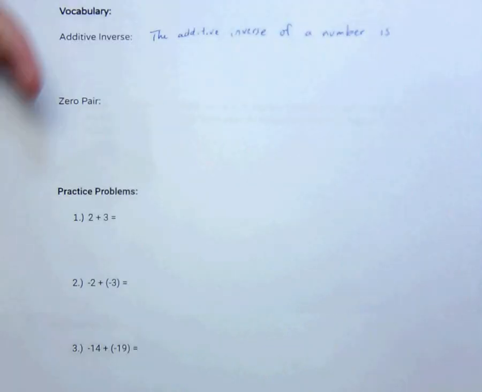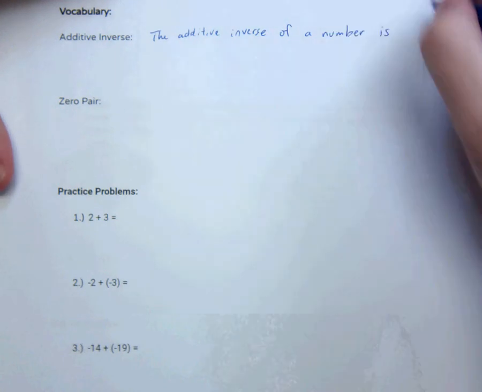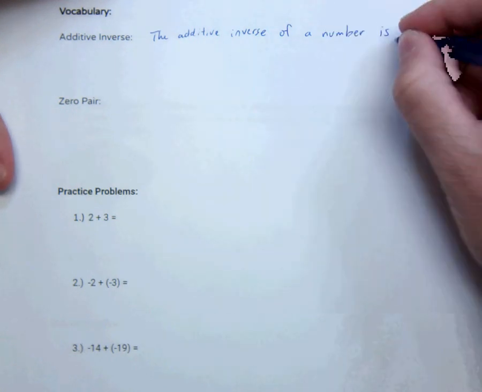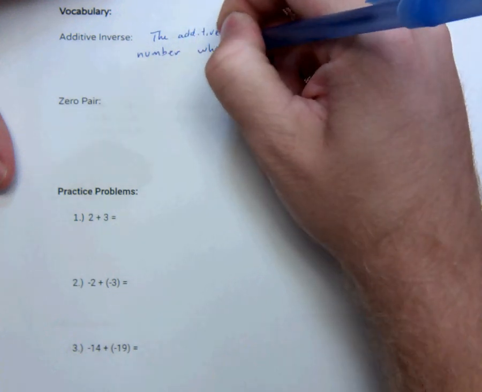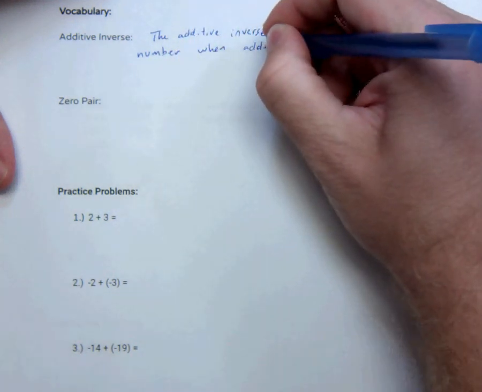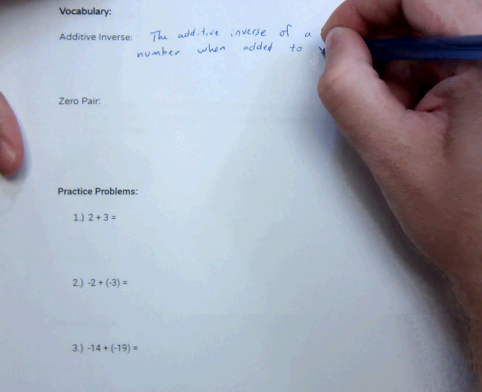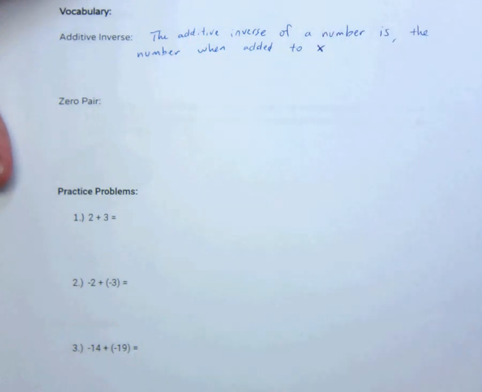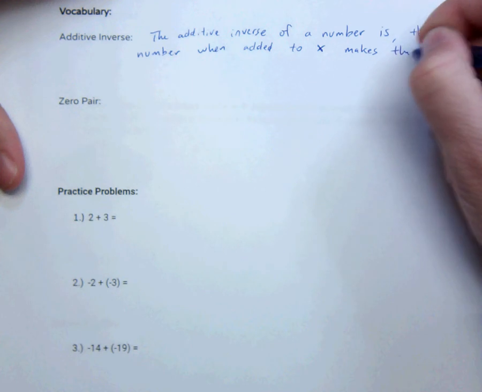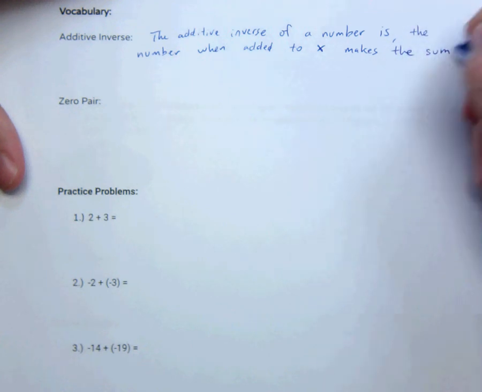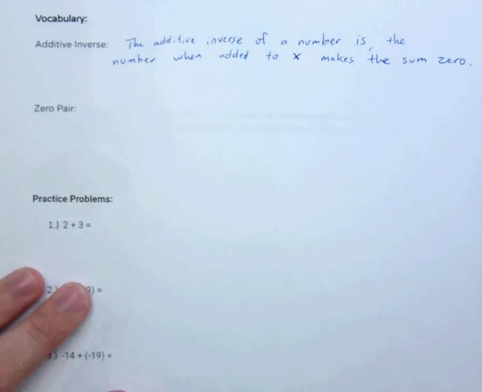So the additive inverse of a number is the number that, when added to x, where x is just a number, makes the sum 0. Okay, so it's a number that when added to x makes the sum 0.